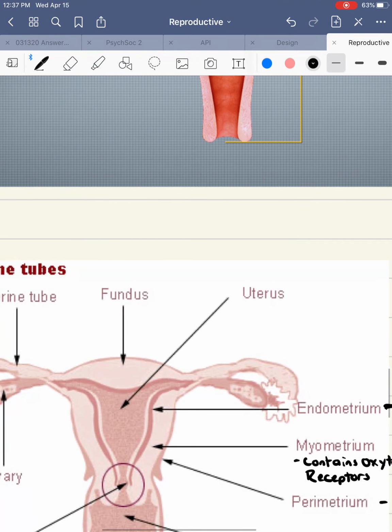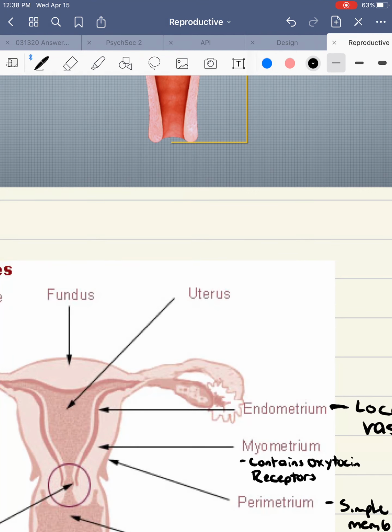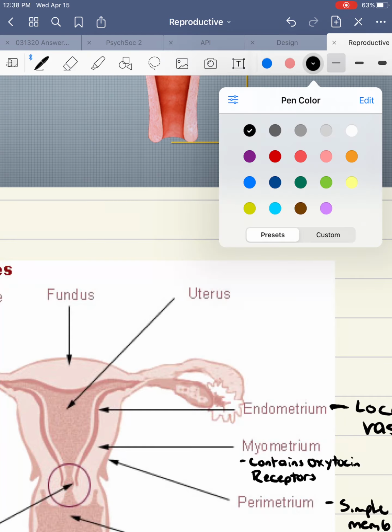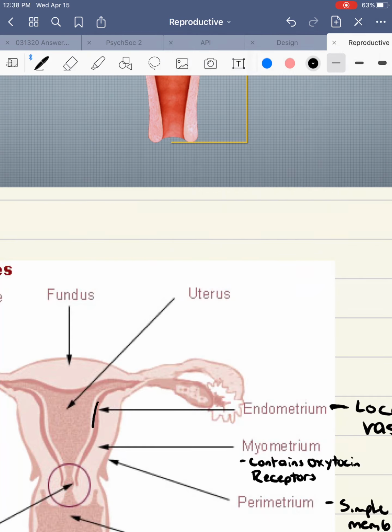If we look at the uterus, it's got 3 layers. It's got an inner layer called the endometrium, right? That's where vascularization occurs. So when a woman is menstruating, she has a lot of blood vessels. Those blood vessels are actually produced at her endometrium.